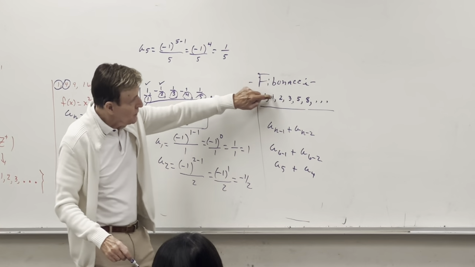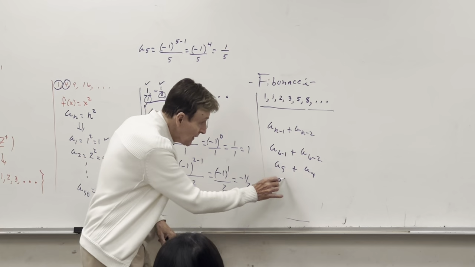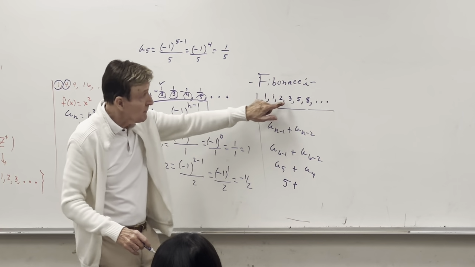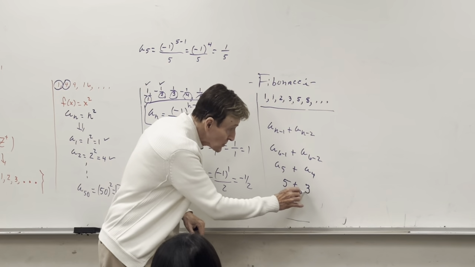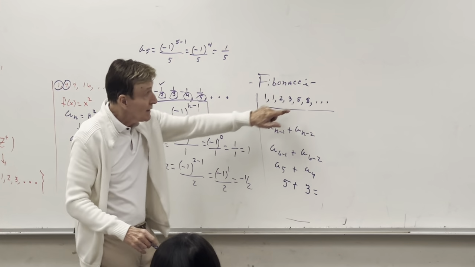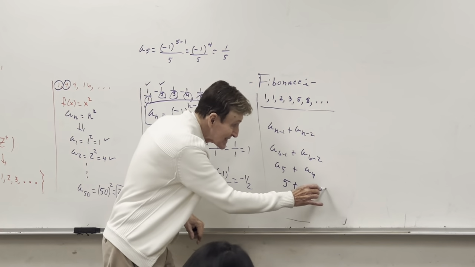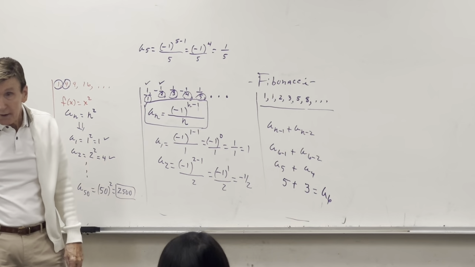Now, 1, 2, 3, 4, 5, a subscript 5 was given to me as 5. And a subscript 4 was given to me as a 3. Is that true, guys? If I add those up, do I sure enough end up with this one, which was a subscript 6? Does that work?